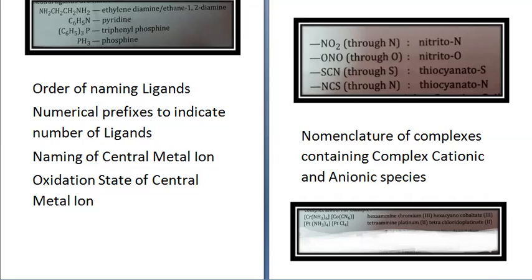A number of questions are given for either naming the compound, or from the formula giving the name of the compound, or from the name giving the formula of the compound. Both ways the question can be asked in the exam. So practice it as much as you can. Just remember to follow the rules which have been told to you. Okay, and the remaining we'll do in the next video.